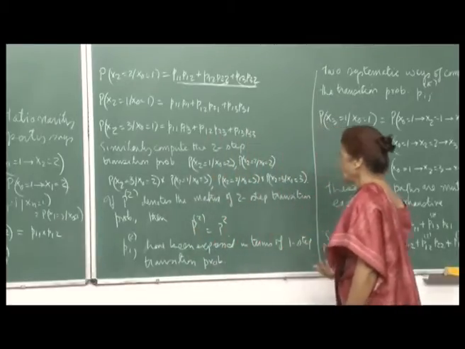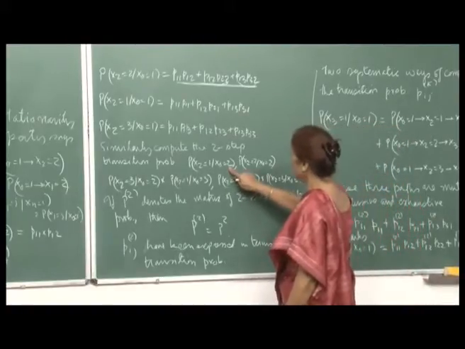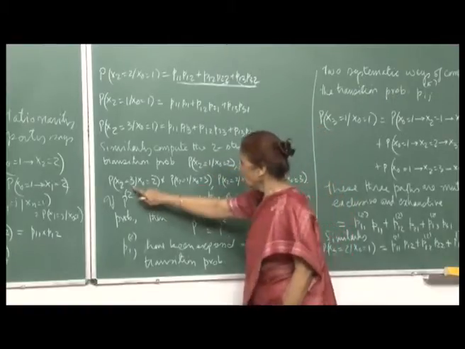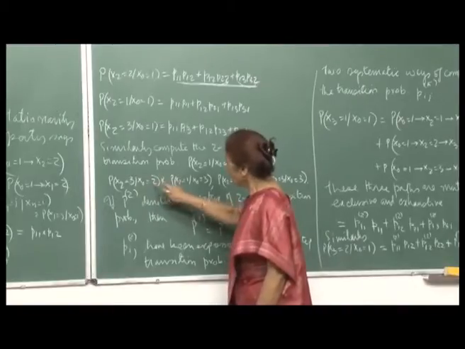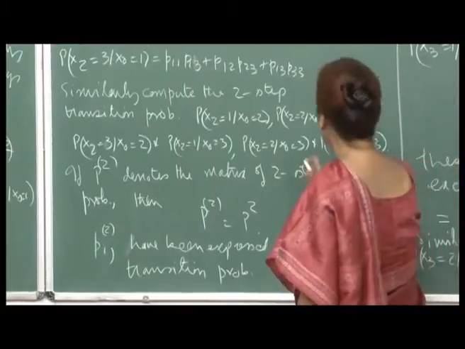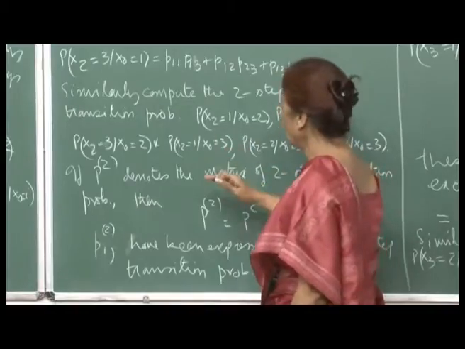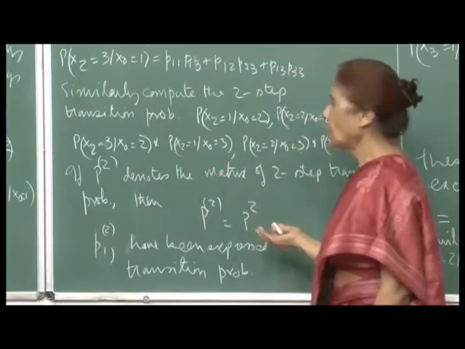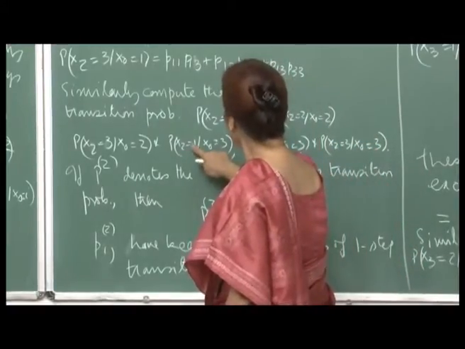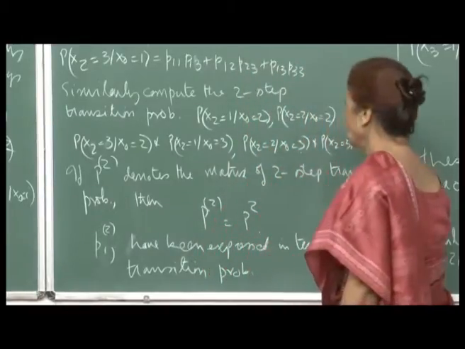Similarly you will have 6 more such transition probabilities when x0 is 2, transitioning to 1, 2 or 3 in 2 steps, and finally when x0 is 3. Because you do not know, you could be in any of the 3 states at the beginning of the process: from 3 to 1, 3 to 2, and 3 to 3 in 2 steps, right.